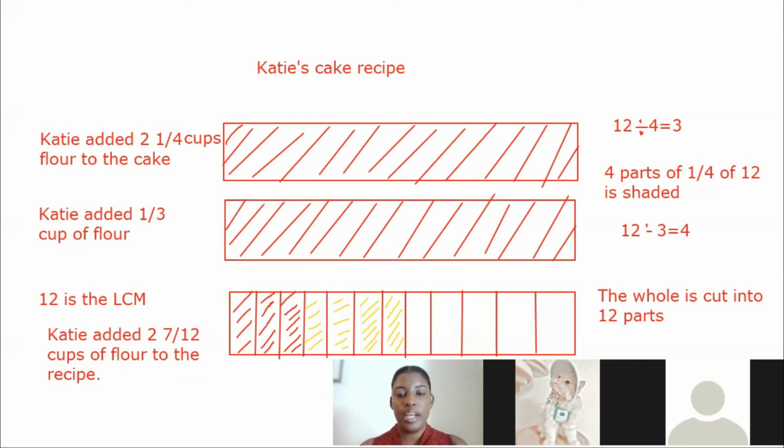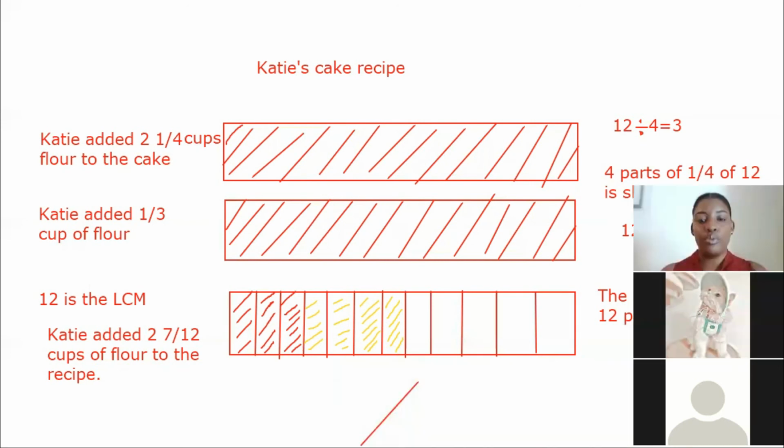Okay. So that's basically where we end our session today. Again, when you're solving a problem, the first thing we want to do is understand what the question is asking us to do. And that's why we were able to draw out our diagram.